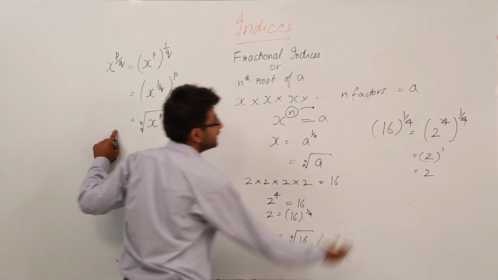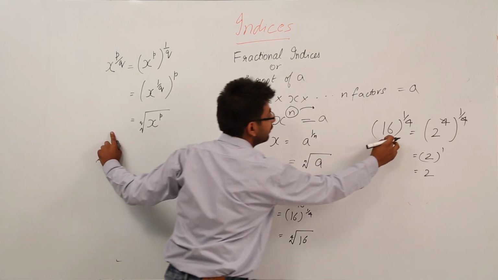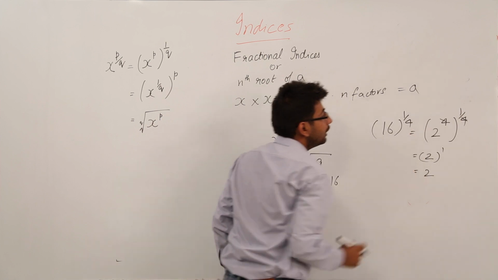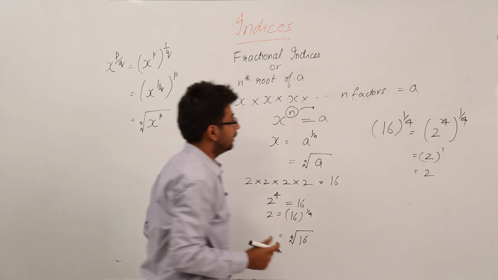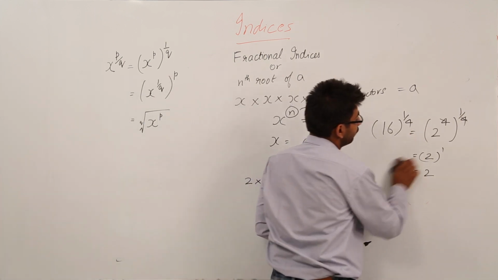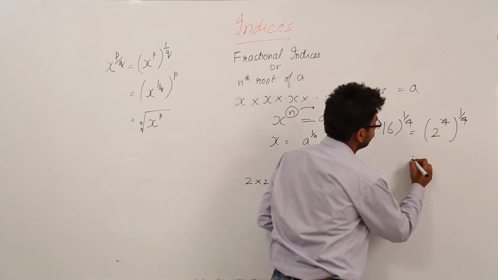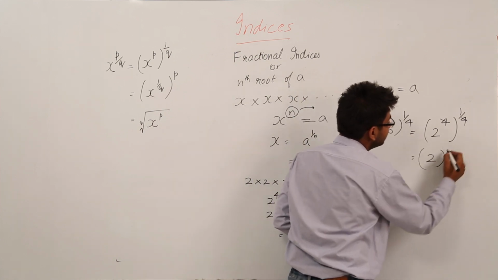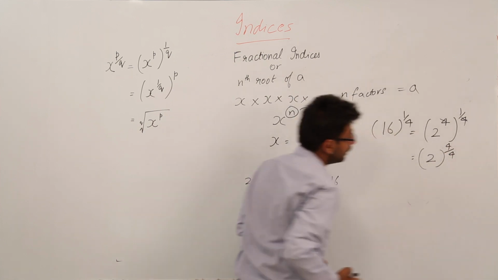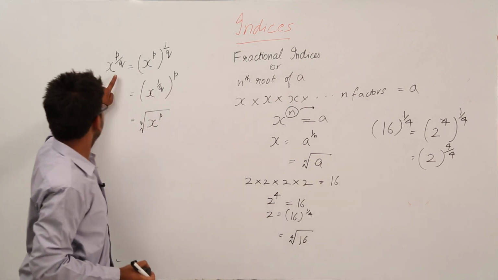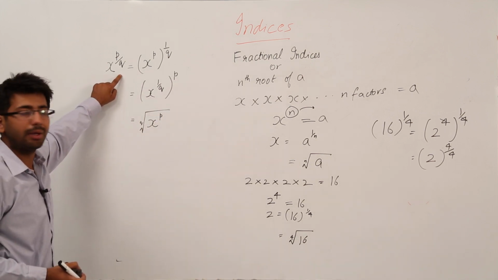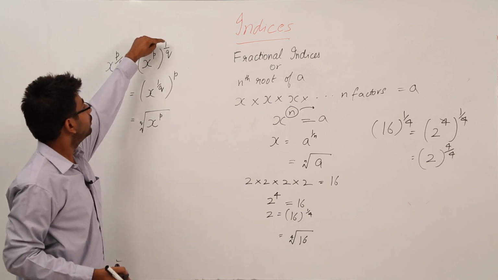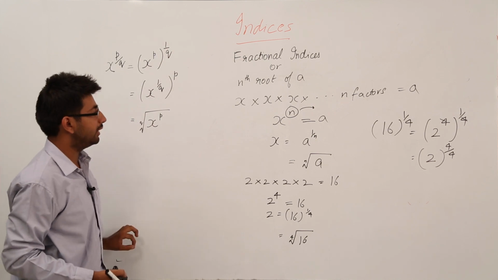Similarly, 16 raised to power 1 by 4 was written as 2 raised to power 4 with power 1 by 4. Now one step which I missed over here, it is equal to 2. Why did I cancel this? Because I can write this as 2 raised to power 4 divided by 4. Refer to this particular formula: x raised to power p by q is equal to x raised to power p, raised to power 1 by q.